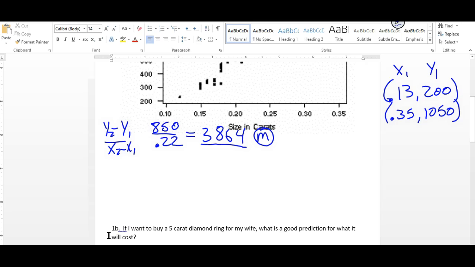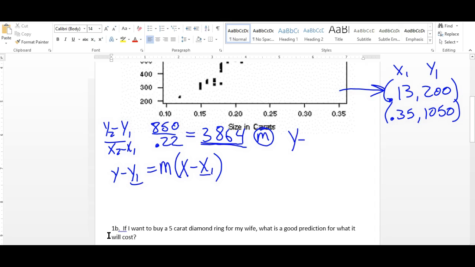So I'm going to use the point slope formula. Y minus y1 equals m, parentheses, x minus x1. My point is going to come from 0.13, comma 200. That's my x1, y1.